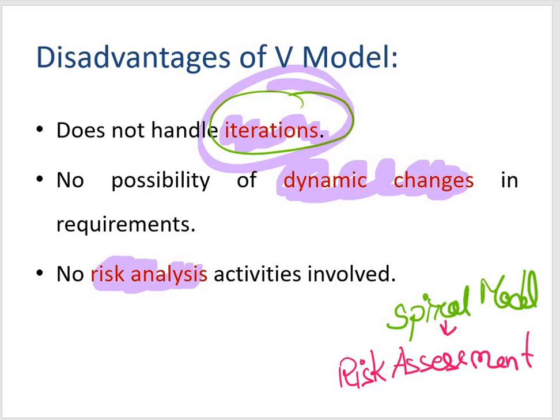Looking at those models, we can say that in this particular model also the risk analysis is not there. Now, since all these things are not there, we can say that this particular model is not good for long projects.